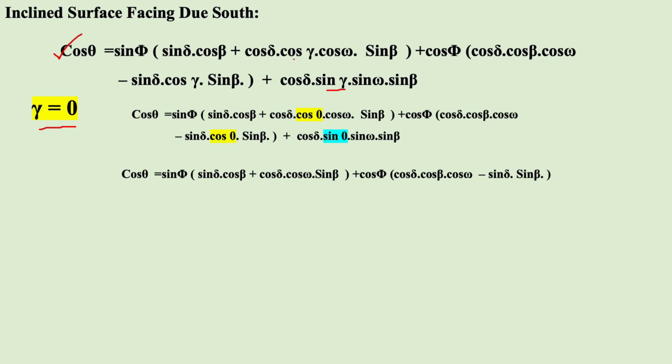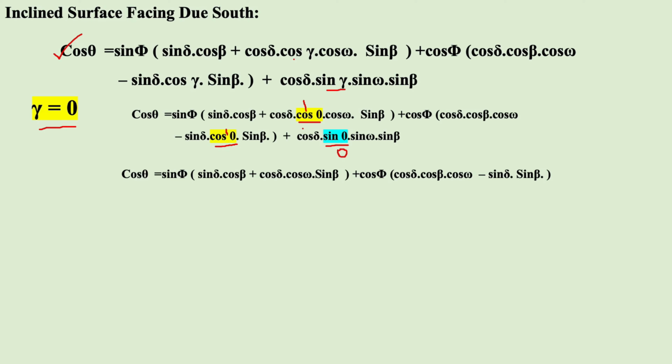And from trigonometry we know that the value of cos 0 is 1, but the value of sin 0 is 0.